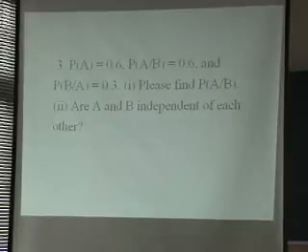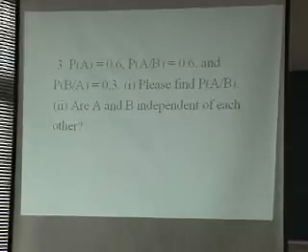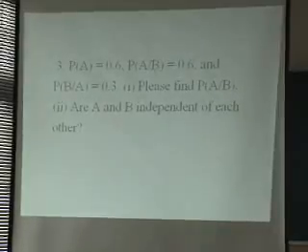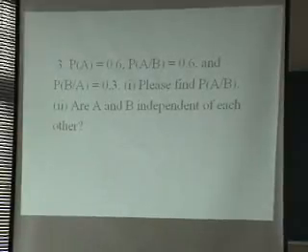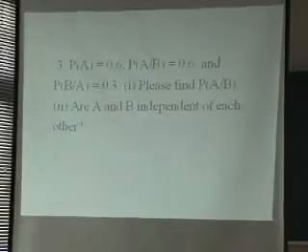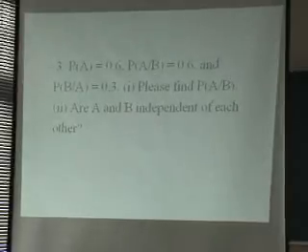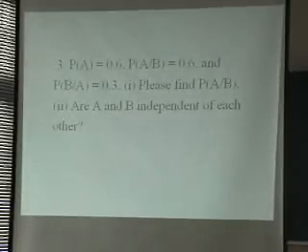If A and B are independent, P(A and B) equals P(A) times P(B). And P(B given A) equals P(B), so P(A and B) must be equal to 0.18.